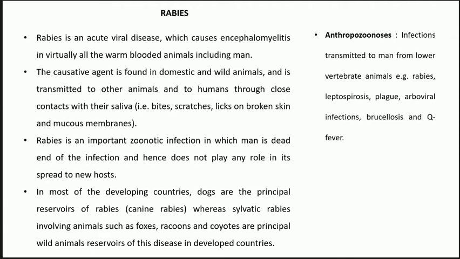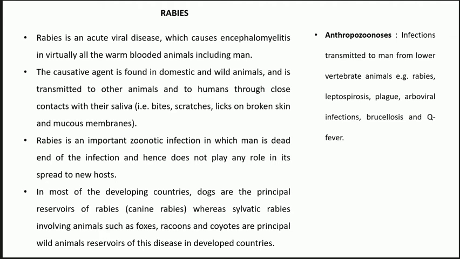Man will have this infection and all the symptoms of rabies, but generally man doesn't become as violent as we have seen in animals. Many animals become violent, dogs become violent, and that's why they start biting others. They get irritated by many things.